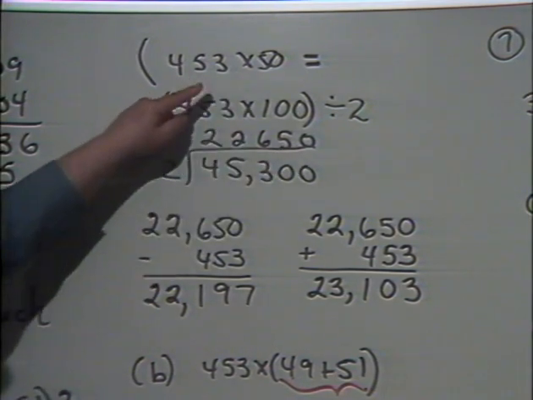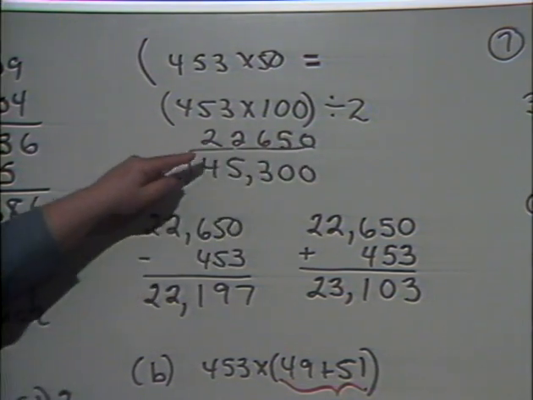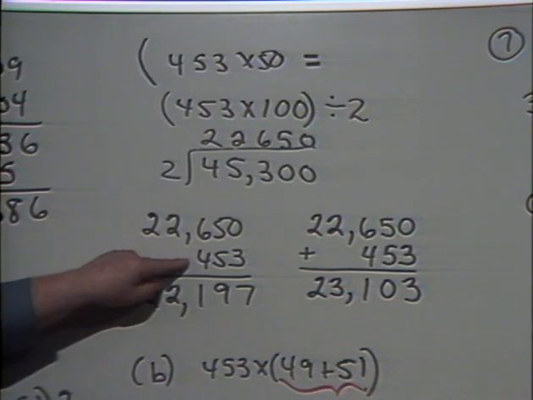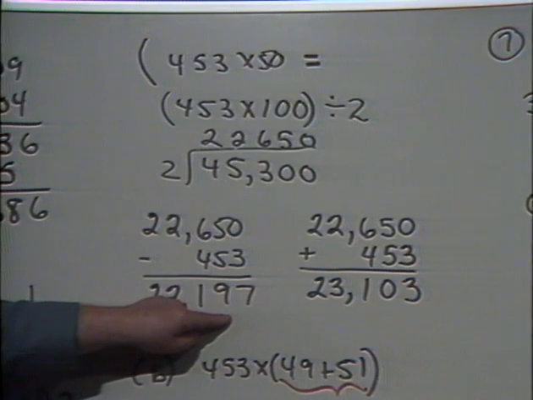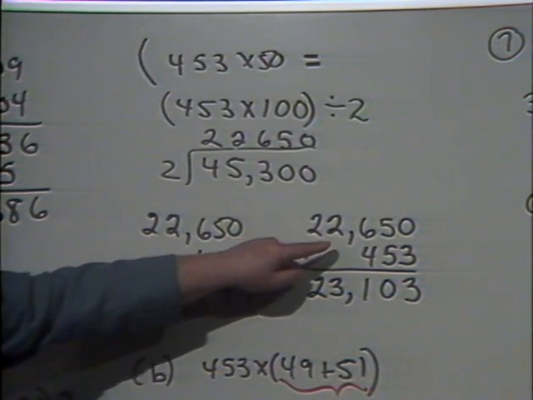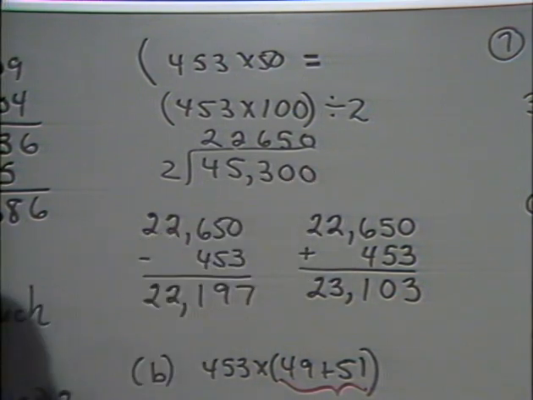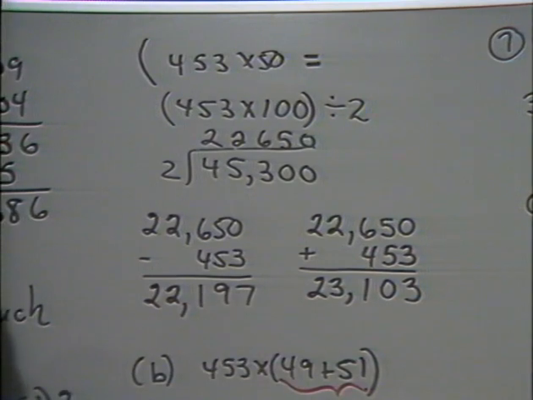See, 50 453s would be 22,650. So to find 49 453s, I would just subtract one of the 453s from the 50 to give me my 22,197. And to find the sum of 51 453s, I would have taken 50 453s, added one more 453 onto it, and notice that this gives me an alternative way of finding the same answer to the problem.